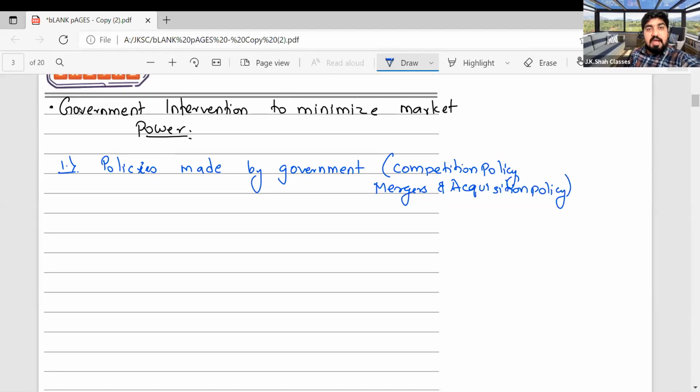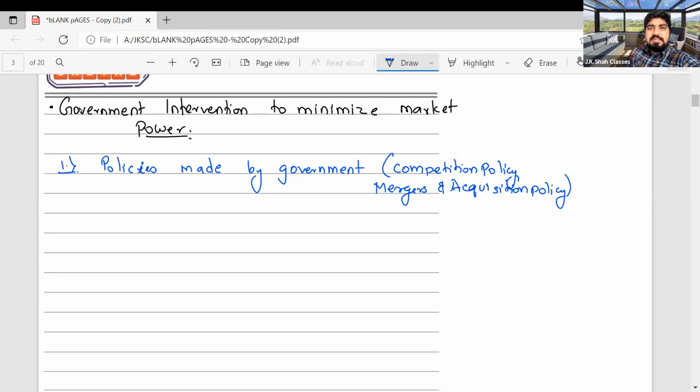right? After that, friends, when Jio entered into Indian market, many other companies collapsed. Now, if let's suppose Jio and Airtel wants to merge, will government allow that? No. Under what?